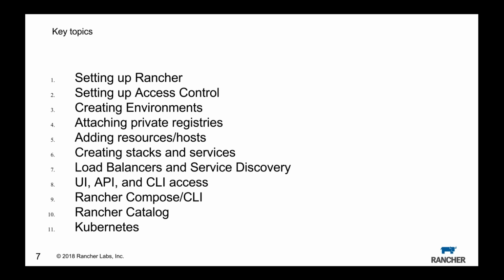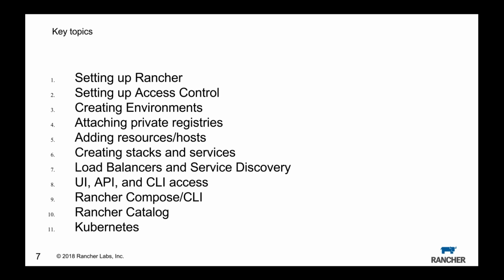And there are a couple of ways we can access our Rancher server, like UI, API, CLI, so I'll be talking about them. I'll also give you a brief introduction about Rancher catalogs and how to add them, and I'll show you how to set up a Kubernetes environment. I won't be interacting much with the Kubernetes setup because we have a specific training dedicated to that, but I'll show you how to at least set it up.